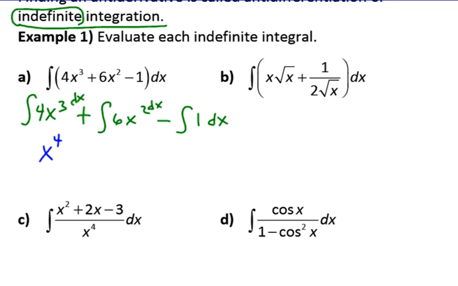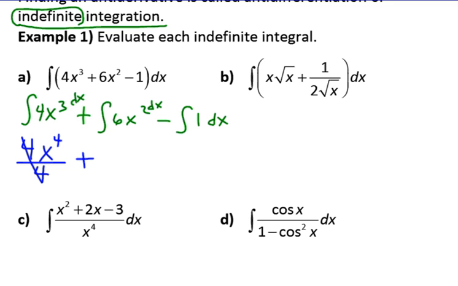Now for the coefficient of x, we divide by that new power. 4x cubed had a coefficient of 4, but when we find the antiderivative, we divide by the new exponent, which in this case is 4. So therefore the 4's will cancel out. Again, you don't have to write that step. You can think of that in your head, but for the sake of this problem, I want to make sure you see everything.